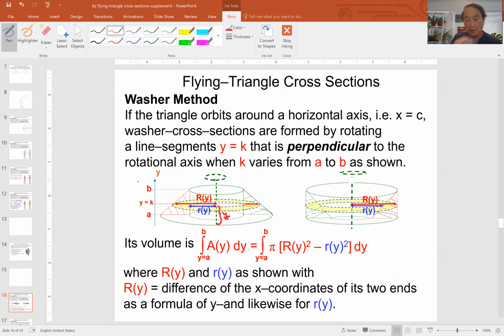These are the formulas you will use, and as a function of y will be the x position, the x coordinate, or the x distance of that point. But it needs to be expressed in y.